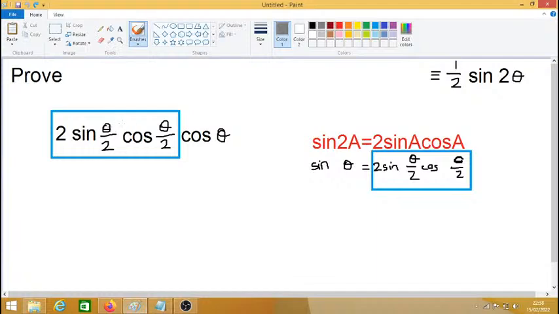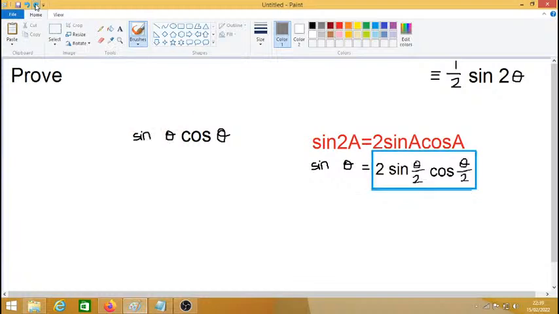Looking here, I see that the a would be theta over 2. So if the a is theta over 2, you can fill the a as theta over 2, and then your 2a would just be double of that, which becomes just theta. So you've got sine theta is equal to 2 sine theta over 2 cos theta over 2. That's an exact match, so that can be swapped.